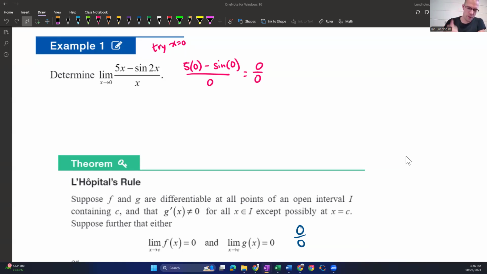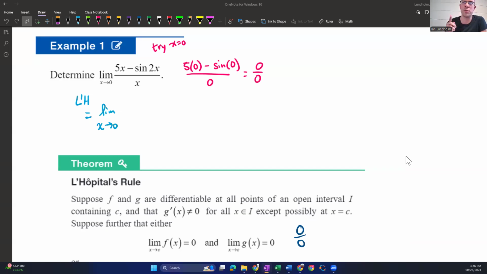Since we know that's L'Hopital's rule, what I would say is go like this. Normally I write a little L and H above the equal sign to let the reader know that I'm utilizing L'Hopital's rule. When we do that, we take the limit as x goes to 0 of the derivative of the top and the bottom independently.